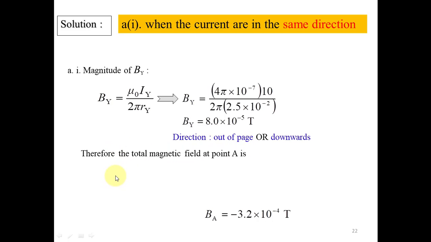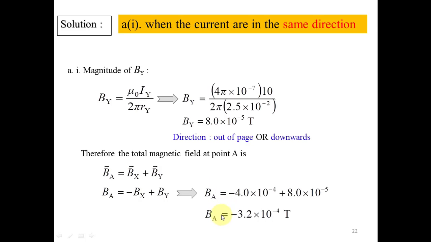And then we have to total the magnetic field at point A, that is BA equals Bx plus By. Since By is out of the page and we take it as positive, when it goes into the page, we take it as negative. So we got negative Bx plus By. BA is negative 4 times 10 power negative 4 plus 8 times 10 power negative 5.